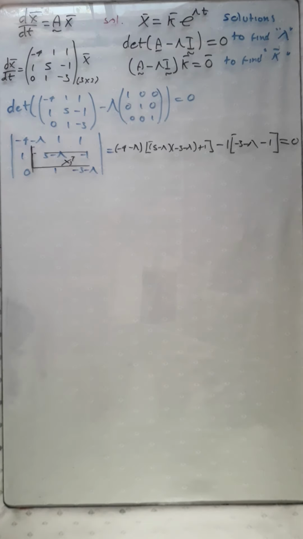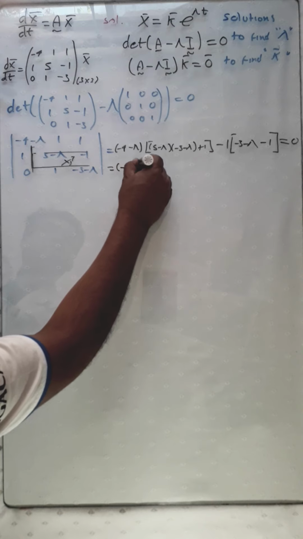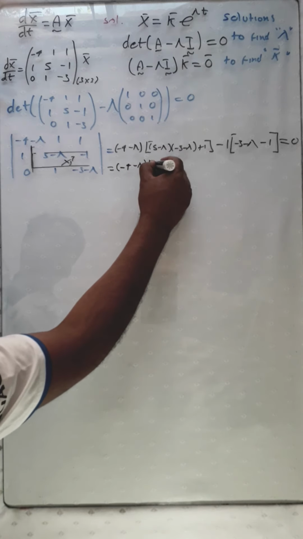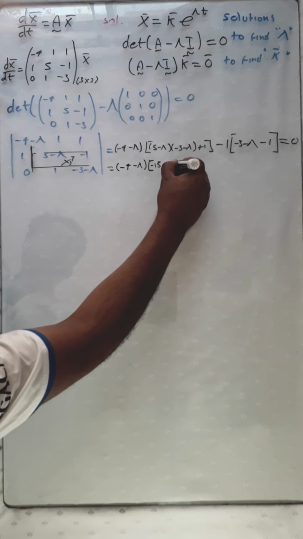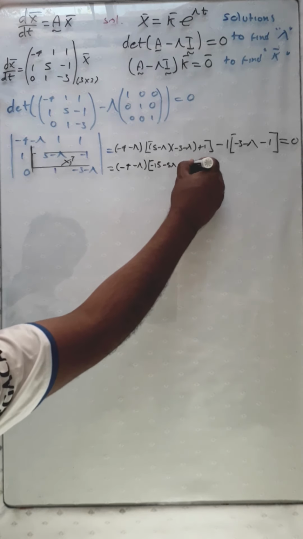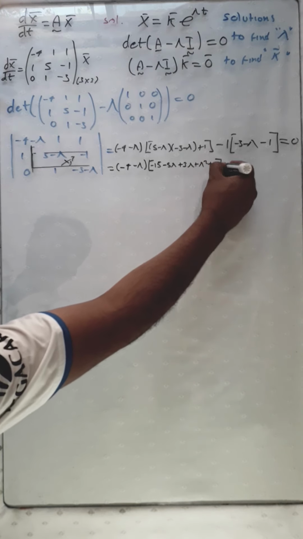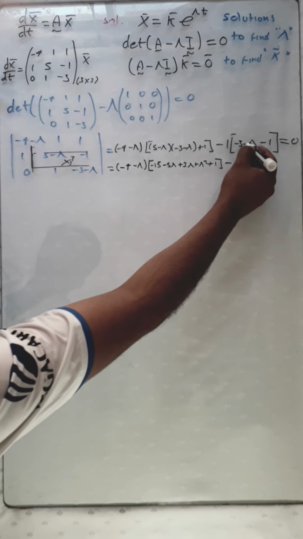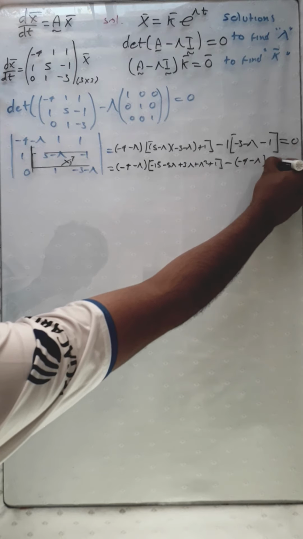And this should be equal to 0 according to the formula. Okay, now what we have to do is reduce this. From here, I can see minus 4 minus lambda times, developing this binomial, minus 15, and then minus 5 lambda, plus 3 lambda, plus lambda squared, and then plus 1 here. And from here, it is going to be minus, check this out, minus 3 and minus 1, it is minus 4 minus lambda, equal to 0.